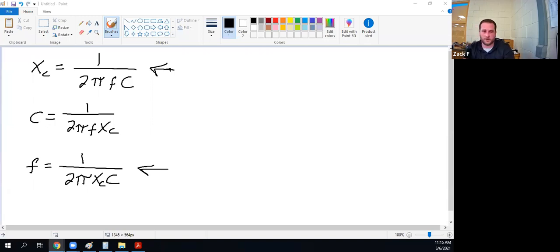Just remember that capacitances work the same way as resistances if it's an ohmic value: it works just like a resistor. If it's not, it's the opposite, that reciprocal formula. But again, I would save those for last because they're going to be extra credit questions.